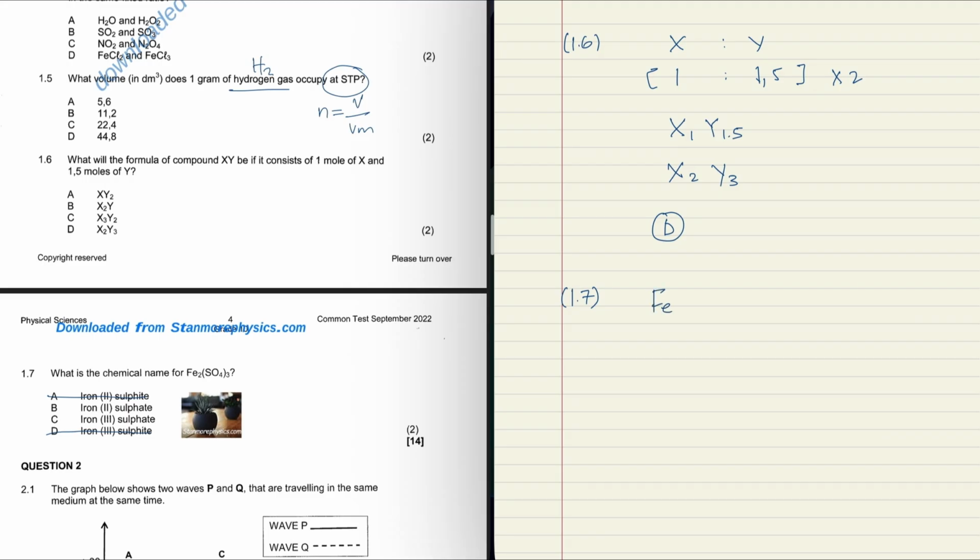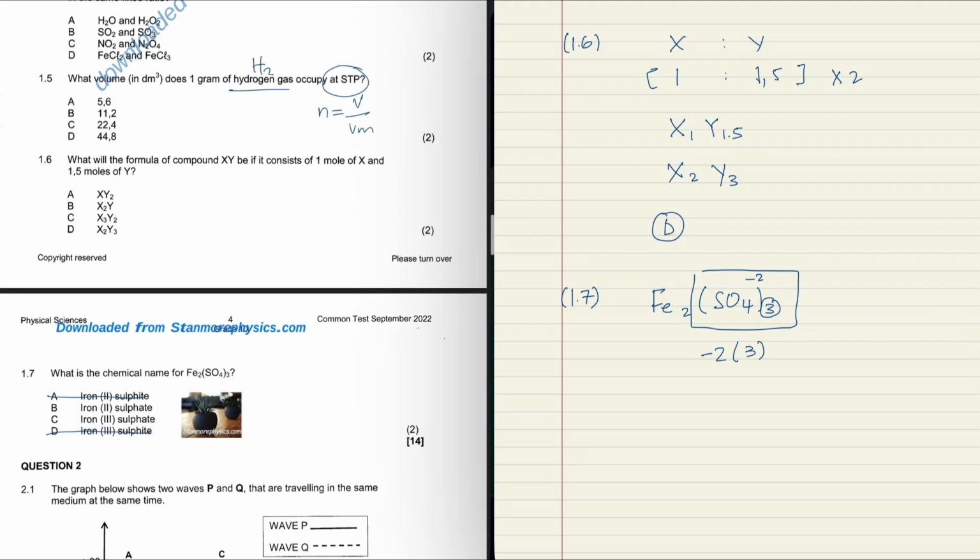So Fe2(SO4)3. We know that a sulfate ion has a negative 2 charge. Since there are 3 of it, this half is going to be negative 2 times 3.